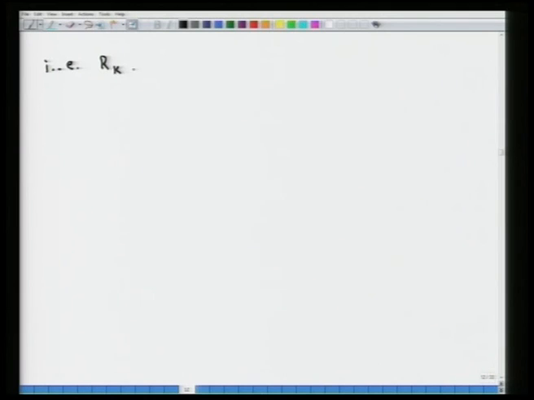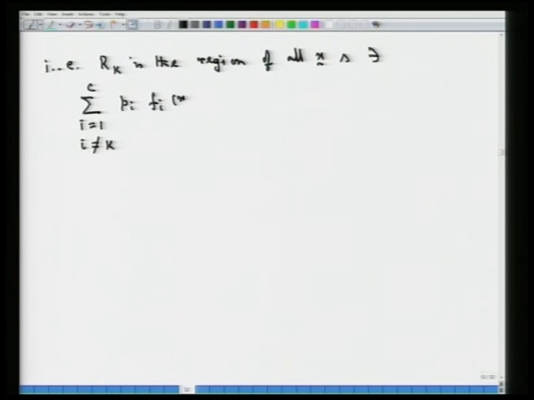That is, R_k is the region of all x's such that we have this summation that we had written in the previous slide, i equal to 1 to c, i not equal to k, of pi f_i(x) into c(k|i), to be the smallest, right.